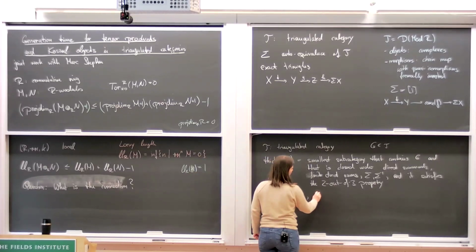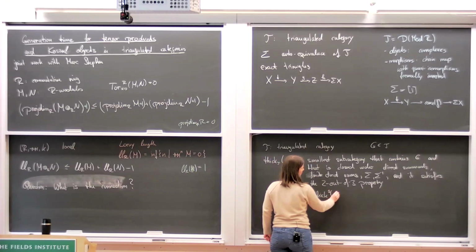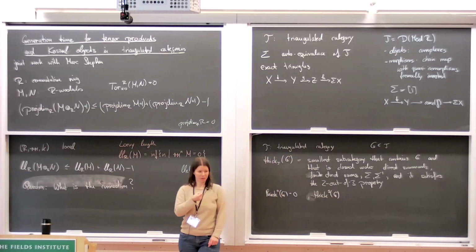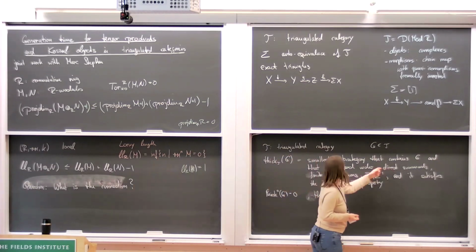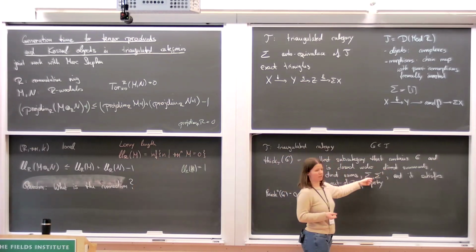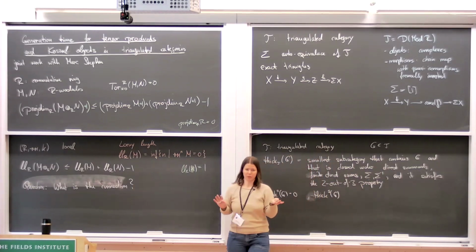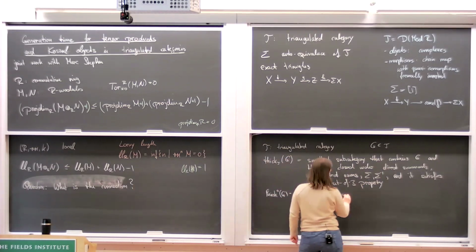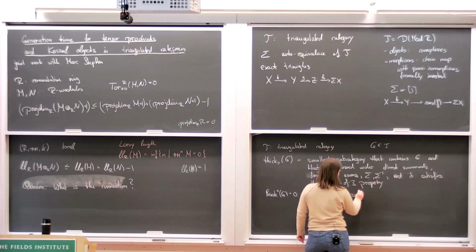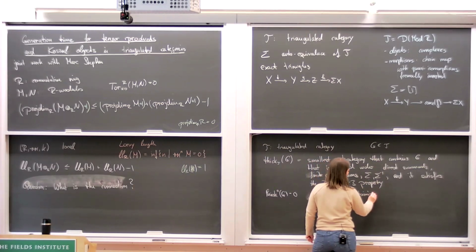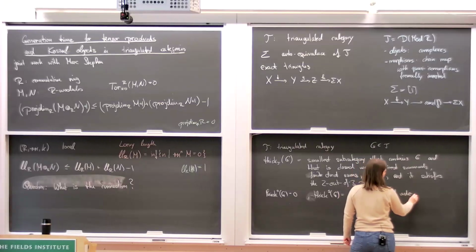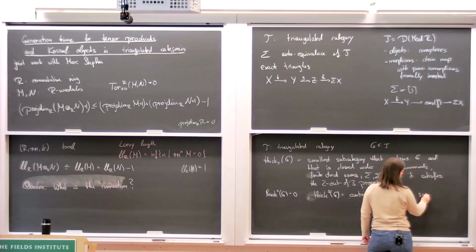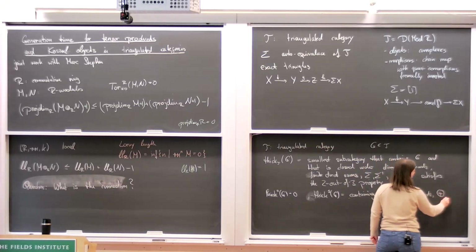Then thick 1, we want it to contain G, but we're also closing it under the first properties, finite direct sums, suspension and desuspension, but no 2 out of 3 property yet. Sorry, I'm writing it just a bit shorter now.